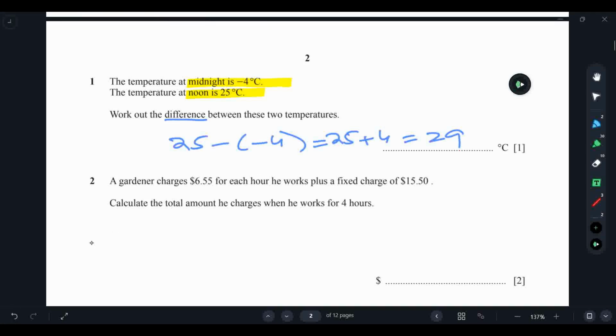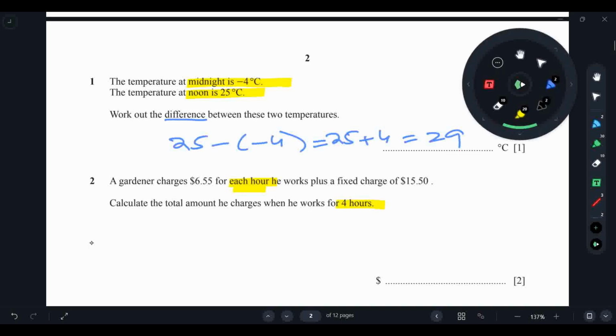Now the second question is: a gardener charges $6.55 for each hour he works plus a fixed charge of $15.50. First of all, we need to understand that it is for each hour. Calculate the total amount he charges when he works for 4 hours.